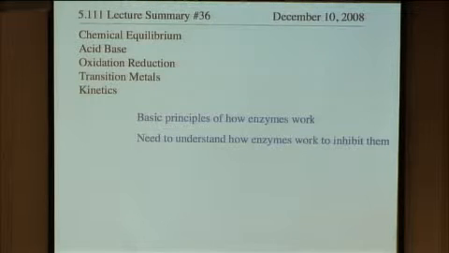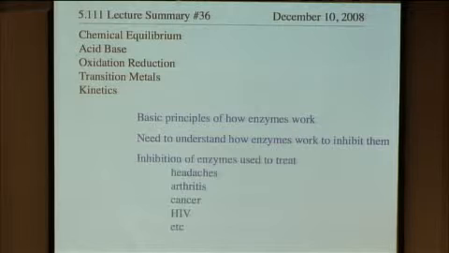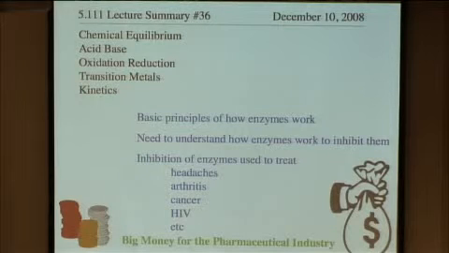We talked last time about one reason why you care about understanding how an enzyme works: a lot of people want to inhibit enzymes. Why would you want to inhibit enzymes? Because inhibiting enzymes is very useful to treat a bunch of things. A number of you will, in the next week, I'm pretty sure, be interested in ways to inhibit enzymes to prevent headaches.